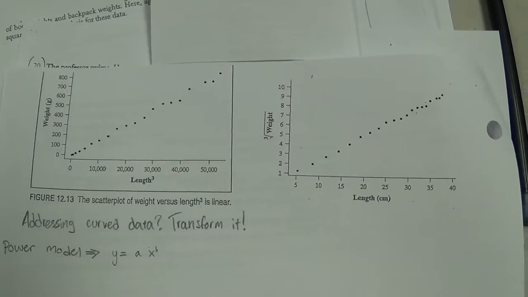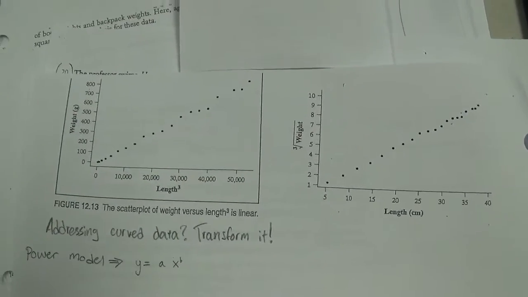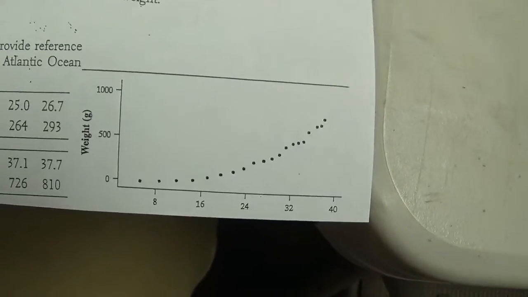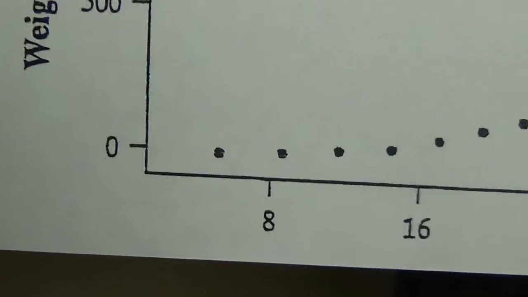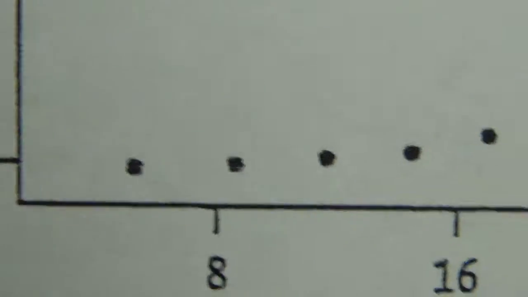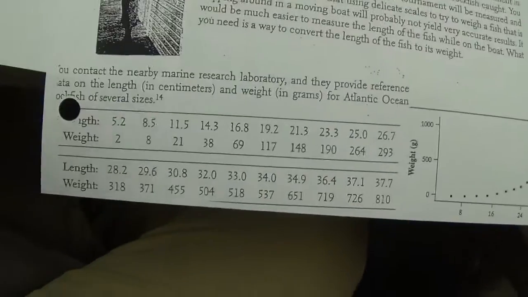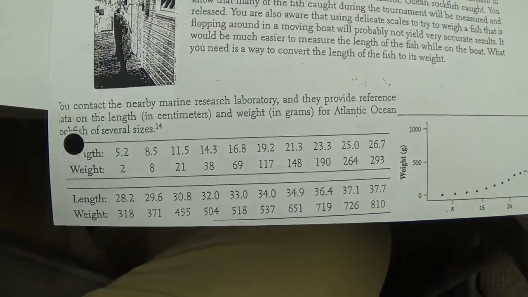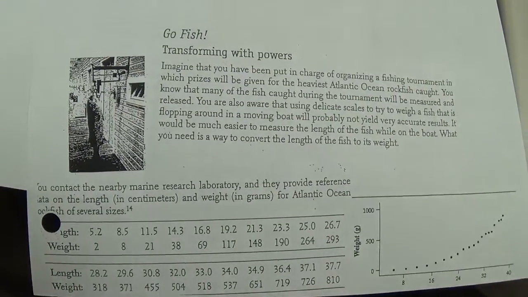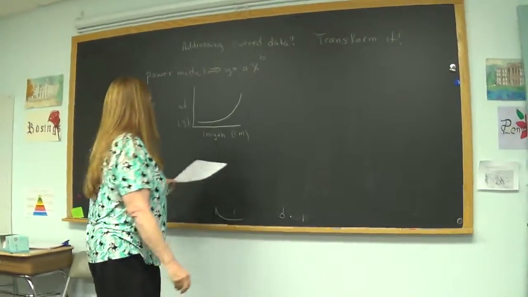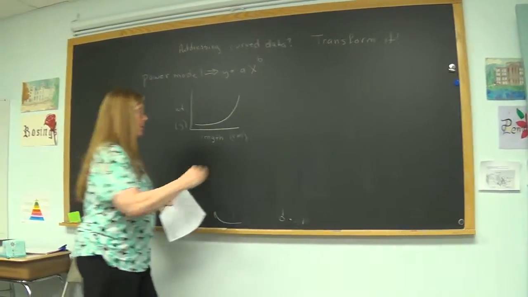So that's what we're addressing today, curved data, and we're going to see how to transform it until it is straight data. One of the power models, there's several ways we can address this curved data, and on this one, we're going to see how this one can be straightened two different ways.